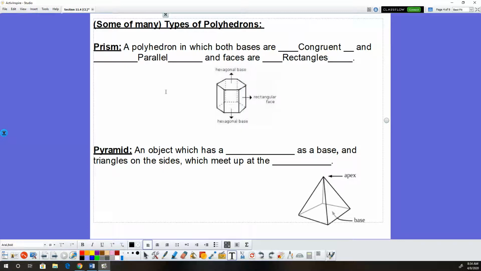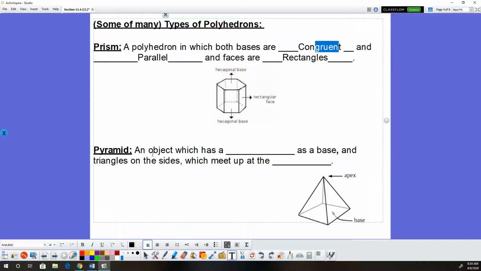Generally it's top and bottom. Sometimes it could be left and right. In this case, the hexagon is the base. So you have a hexagon, and then the other hexagon at the other end has to be both congruent and parallel in order for this to be a prism. And then each of the faces around it are going to be rectangles. The bases can be whatever shape you choose, but the non-bases have to be rectangles for a prism.